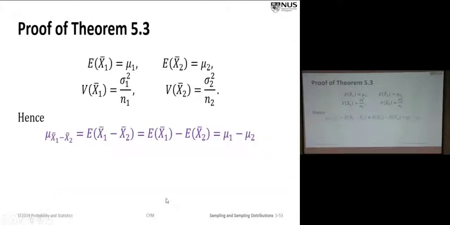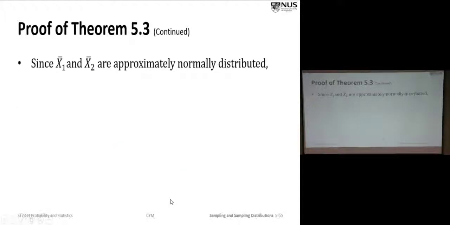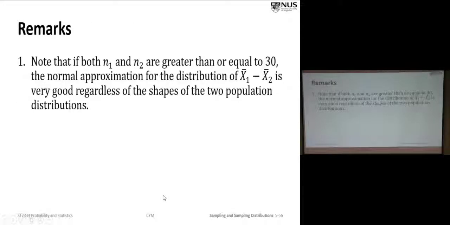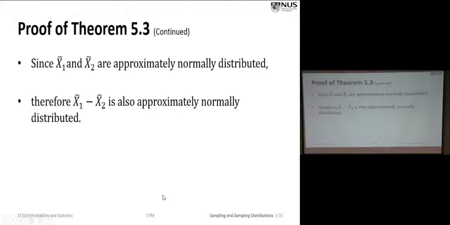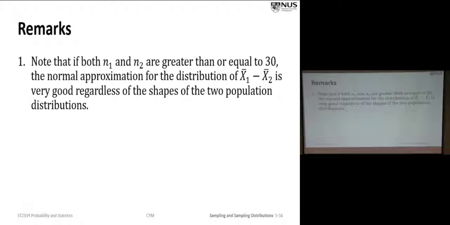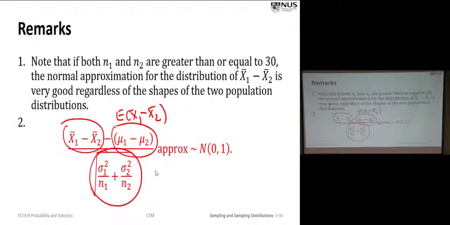So we worked this out just now, and this is the answer. x1 bar minus x2 bar minus its expectation, which is the expectation of x1 bar minus x2 bar, over the square root of the variance of x1 bar minus x2 bar, is a standard normal.